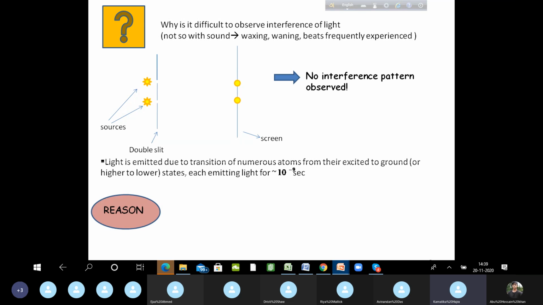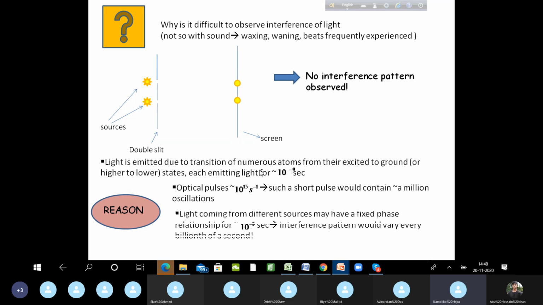It is because we have to understand why light is emitted from a source. It is emitted due to transition of atoms from their excited to their ground state, and this happens for an interval of 10 to the power minus 9 seconds. Whereas optical pulses are of the order of 10 to the power 15 per second frequency. So such a short pulse, one optical pulse of frequency 10 to the power 15 per second, would contain a million oscillations like this.